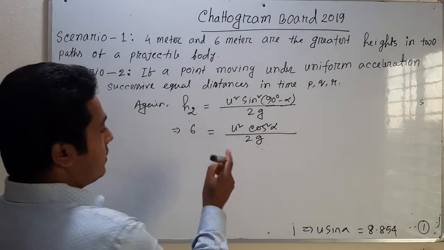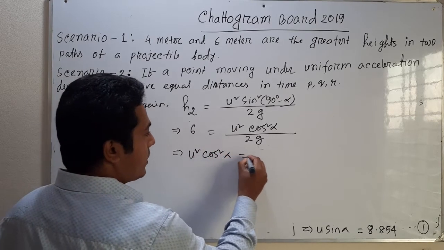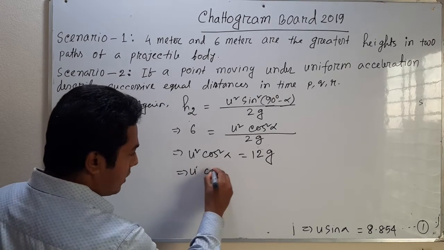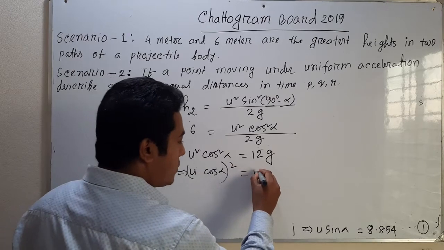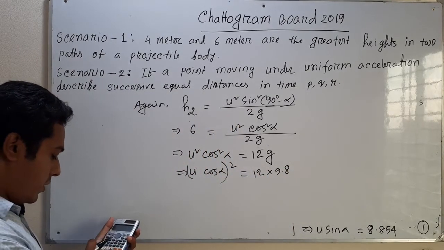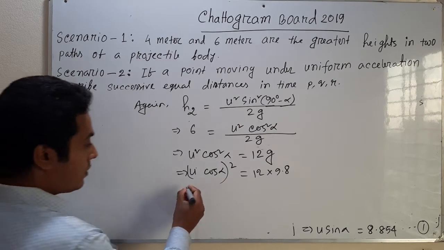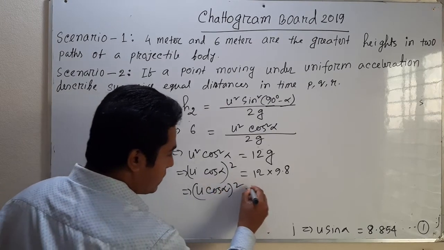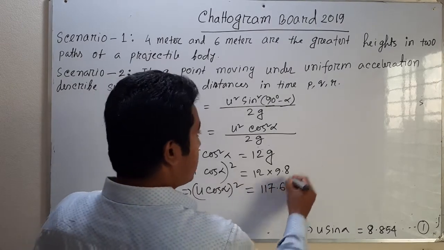Now we can write 6 is equal to u square cos square alpha divided by 2g, so u square cos square alpha is 12g, and (u cos alpha) whole square is equal to 12 into 9.8, which is 117.6.